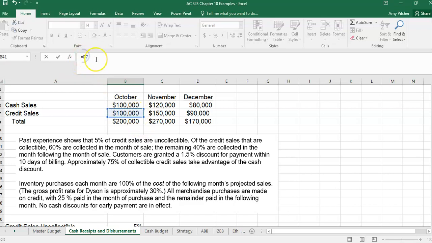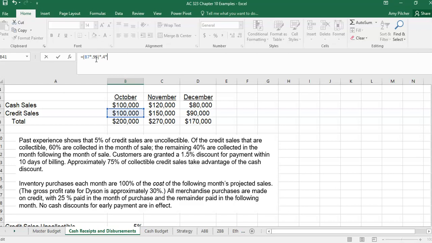Okay. We know that 5% of them are uncollectible. So only 95% is collectible, 0.95. Then we're going to take that times 40% because 40% are collected in the month following the sale.